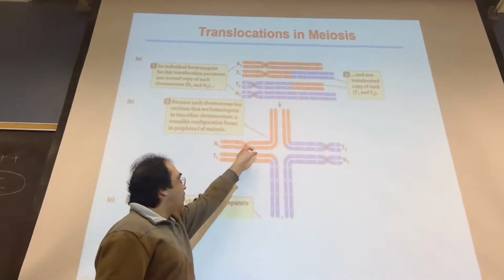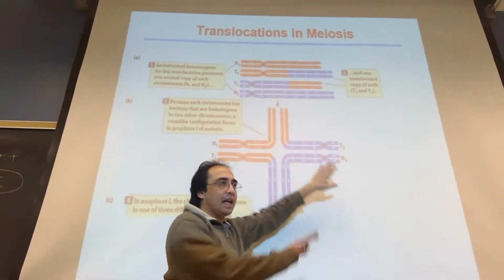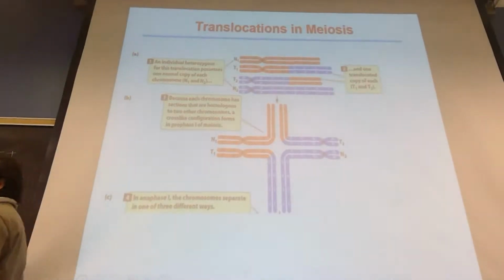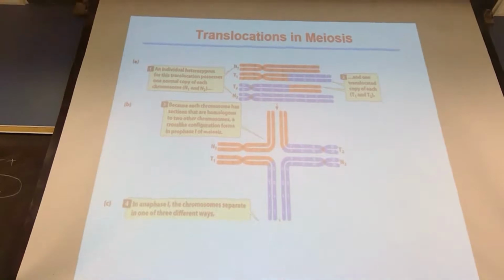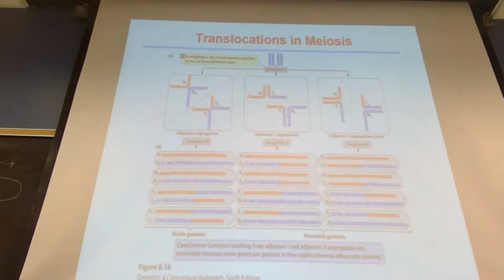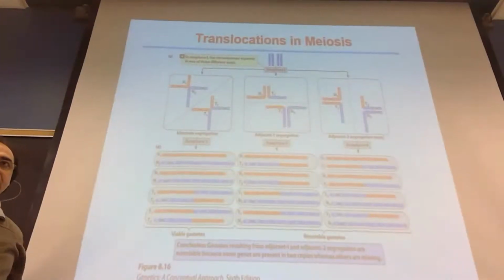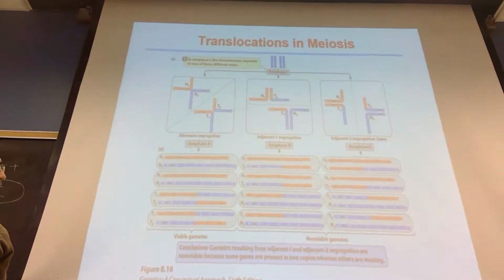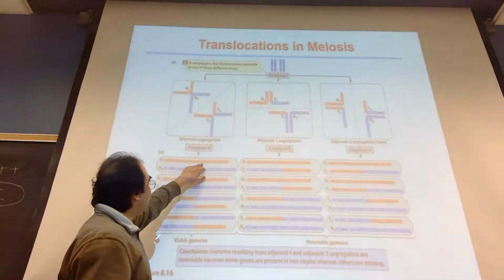Or if one spindle is attached here and another spindle is here, they can separate in that way. Based on that one, we can have different kind of gamete formation. And there are 3 different names. If they can separate in that way, that is called alternate segregation. In case of alternate segregation, we can find this kind of gametes.